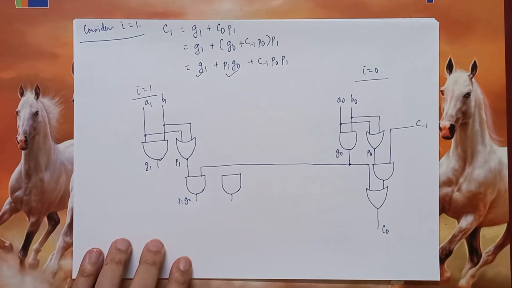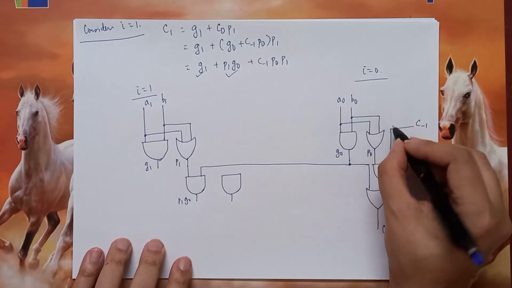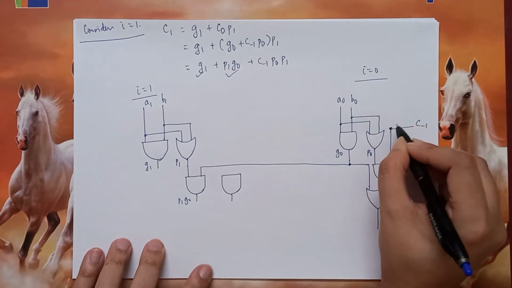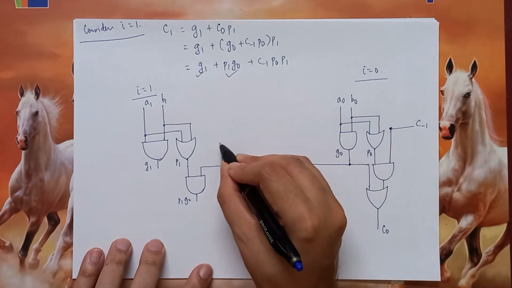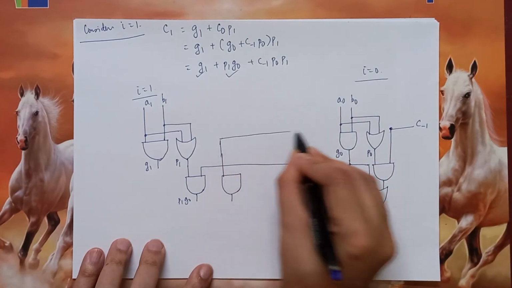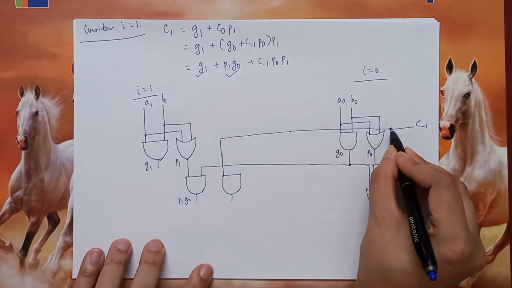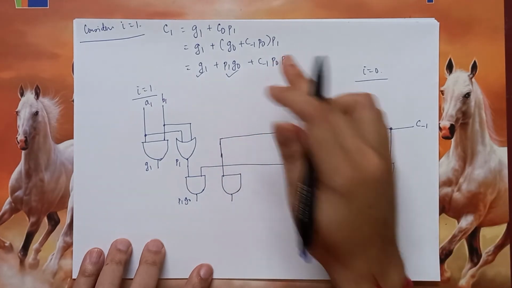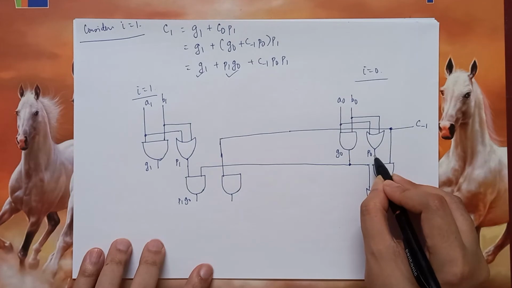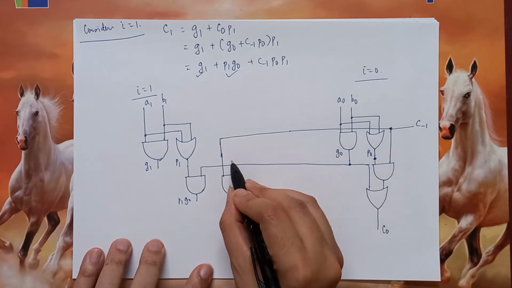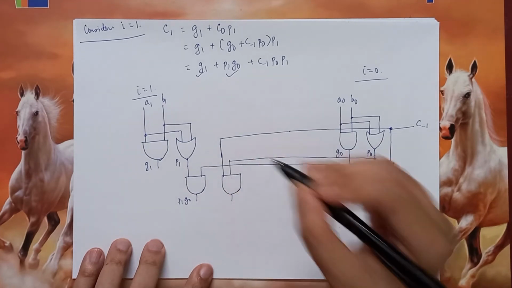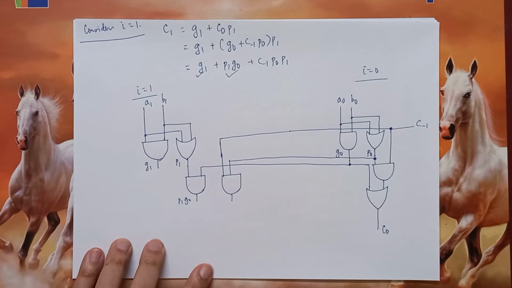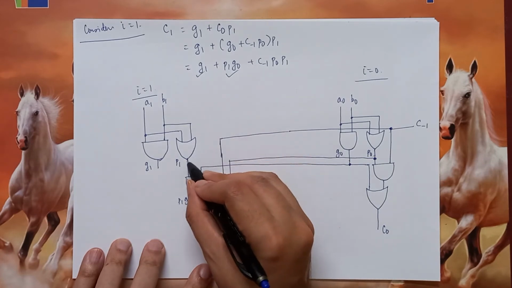This one will come from here. C minus 1 comes here. P0 from here, we can get it. And P1 is over here.